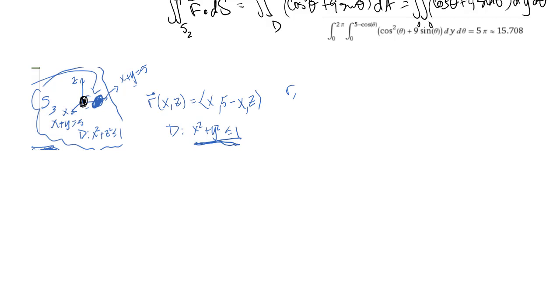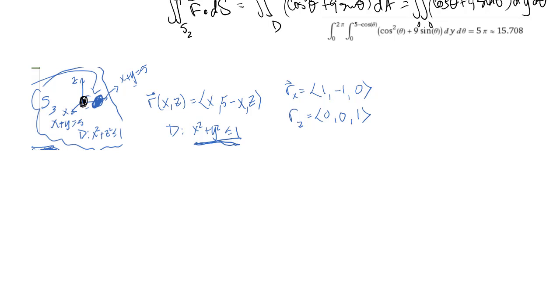We need to figure out what Rx is, and with respect to x, this vector is going to be 1, comma, negative 1, comma, 0. And then with respect to z, it's going to be 0, 0, 1.